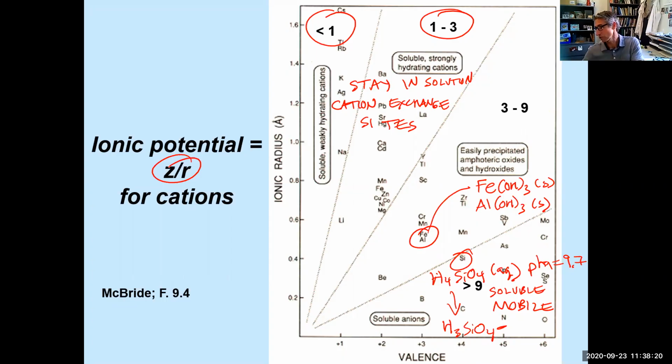And if you're in the group that's greater than 9, those again become mobile and therefore they're leachable. And those are going to be our highly charged, fairly small cations. Okay, so we just use ionic potential to make some predictions about how mobile something is going to be in the soil environment and how it's going to react in the soil environment and what its form might be.